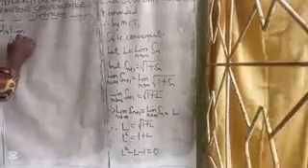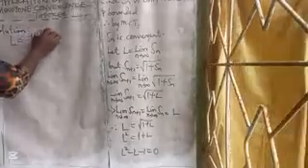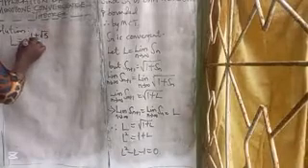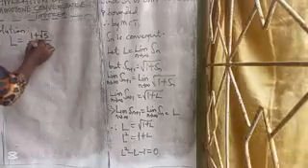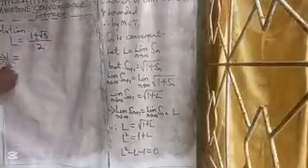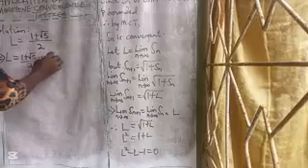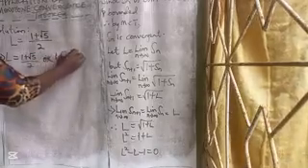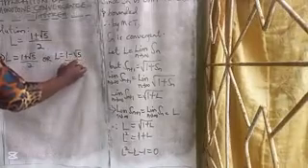We have L to be equal to 1 plus or minus square root 5 over 2. That implies that our L is equal to 1 plus root 5 over 2, or L is equal to 1 minus root 5 over 2.